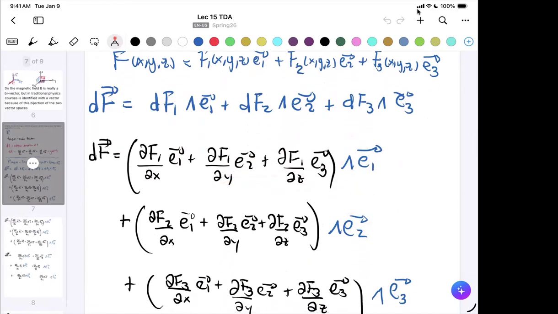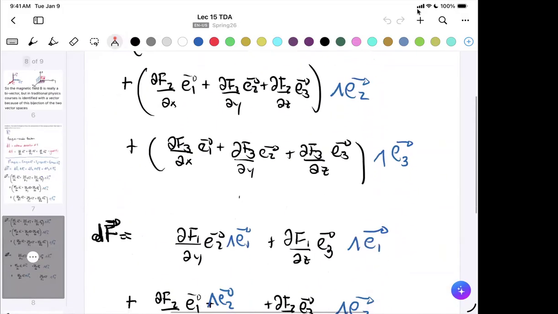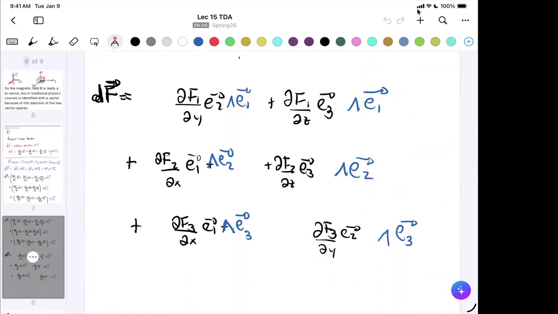Or here, when you see e2 wedge e2, you also don't see that one, in the same way in which i cross i was 0 or j cross j was 0. It's the same idea. And e3 wedge e3 also goes away. So of the 9 possibilities, because 3 times 3 is 9, 3 die off immediately. And that's why on the next page we only had 6 things left, right?